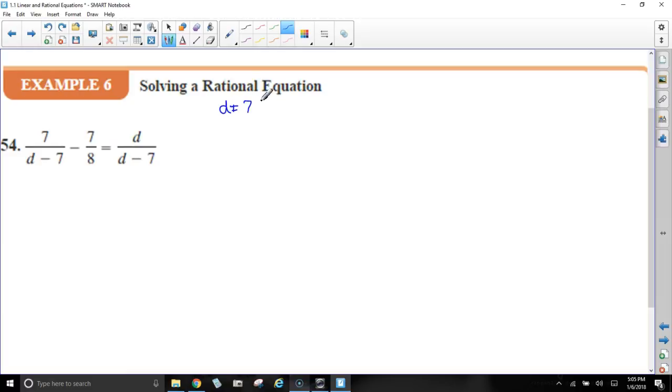That would be a problem. If d was equal to 7, then in each of these denominators, 7 minus 7 would be 0. So remind yourself here, and then we are going to find the least common denominator.